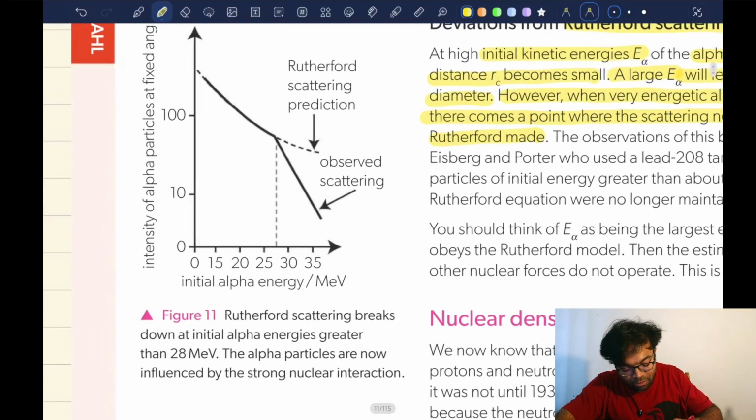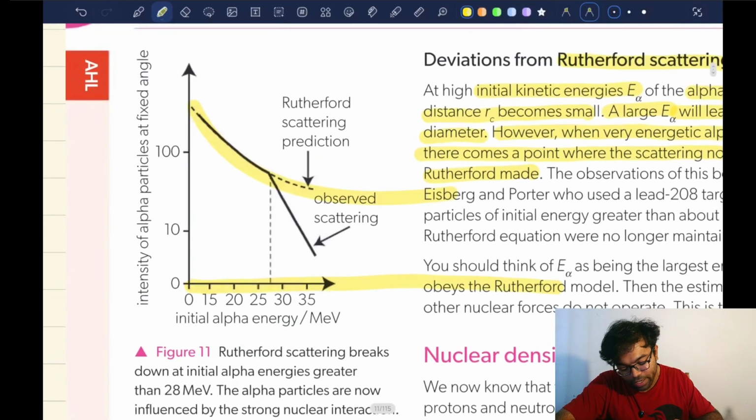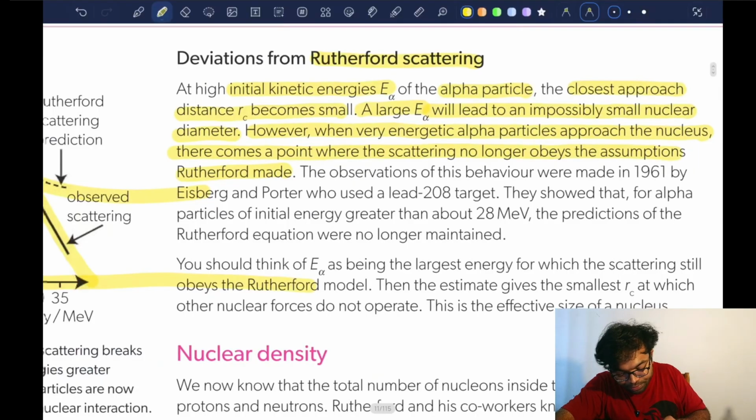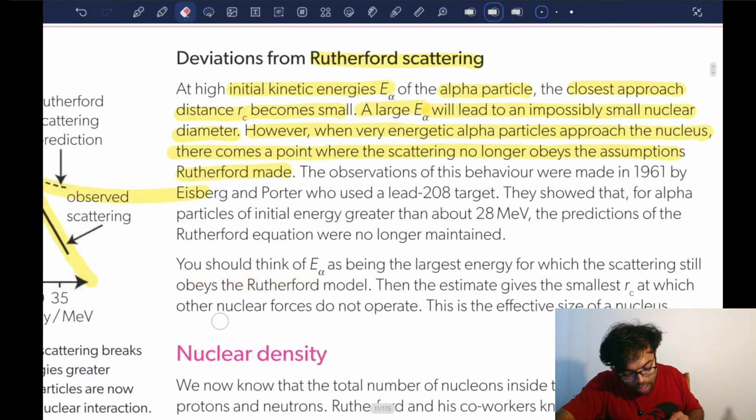Ideally speaking, the predictions were supposed to be like this. As the initial kinetic energy increased, the intensity of the alpha particles at large angles should have decreased. But this is not what happens here. There is a slight deviation from the expected behavior.